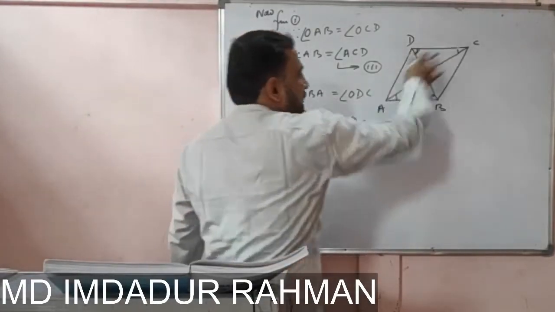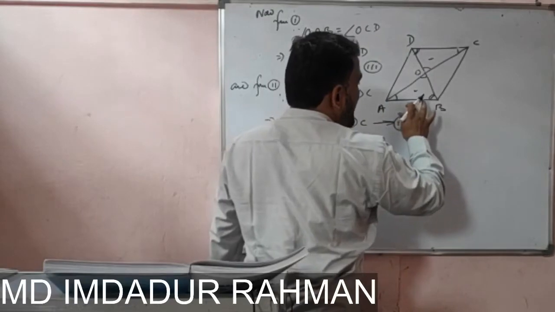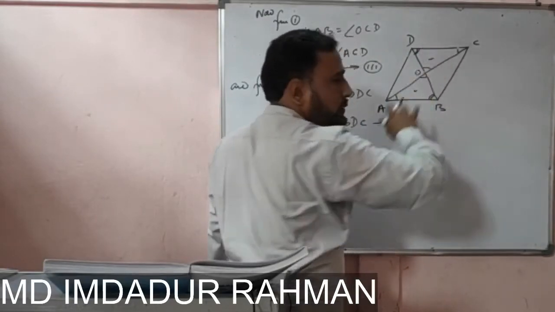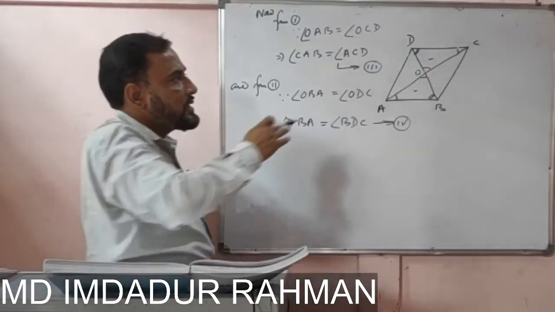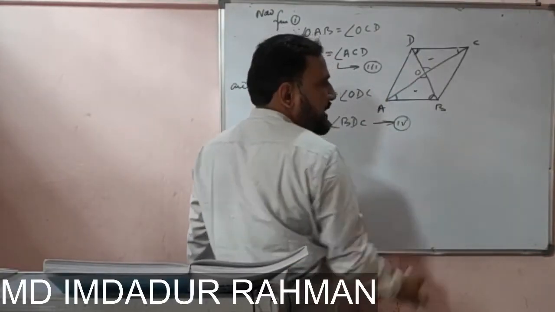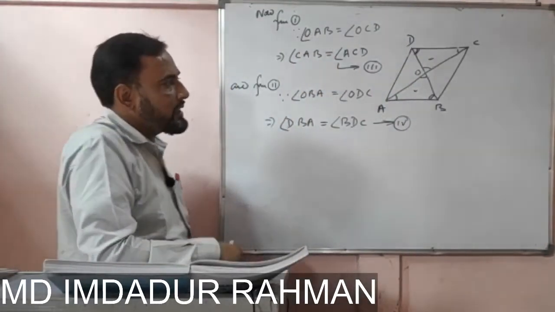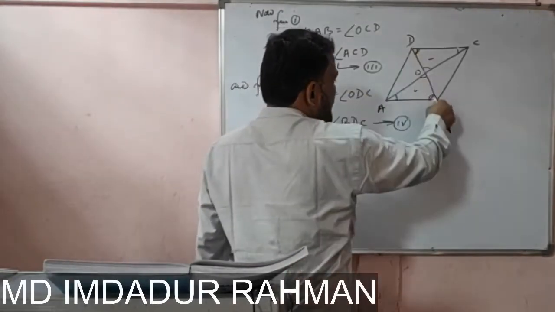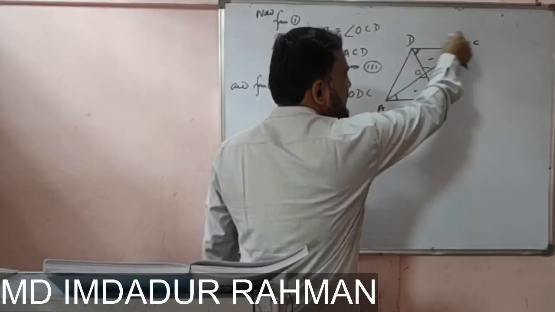Taking AC as transversal, we can say that AB is parallel to CD. Similarly, here also, if you consider BD as transversal, then DBA is equal to BDC.